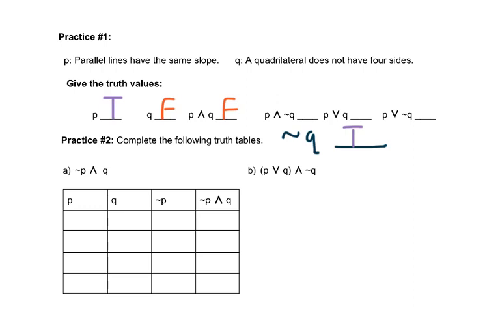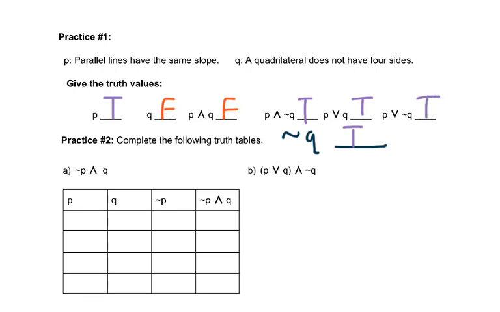So now we can look at P and not Q. Not Q is true and P is true, so that's going to make this one true. P or Q. P is true, which means at least one of them is true, so that makes this one true. And P or not Q. Again, P and not Q are true, so that makes this one true as well.